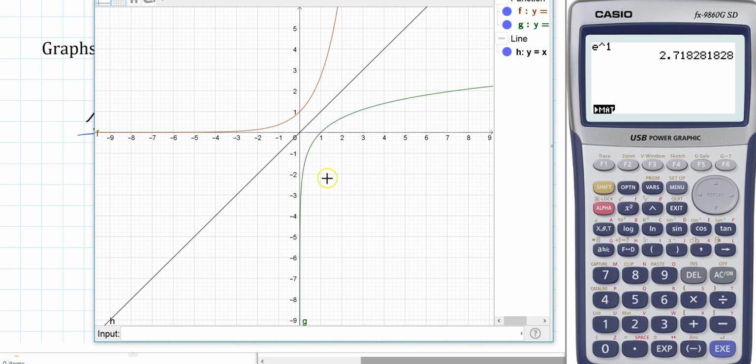The brown graph over here, that's the exponential graph. The green graph is the natural log of x, and that looks like any log graph would. And that's not too surprising because we're basically dealing with log to the base of 2.718. So those are the graphs of these two functions.